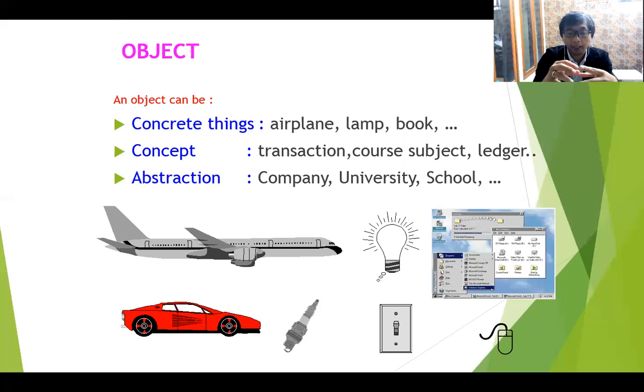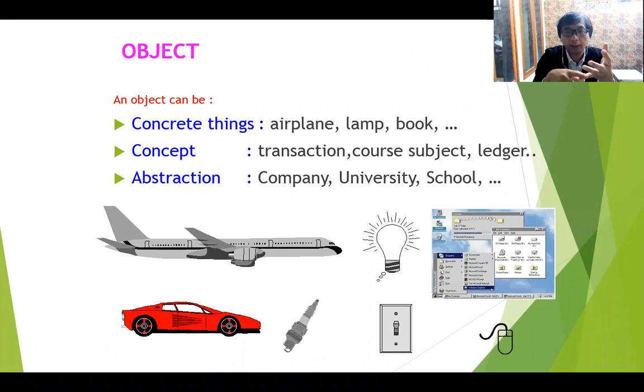And the other thing, an object can also come from an abstraction. An abstraction is something that exists, but it's not clear as a solid object. You can still see the object, but the object of an abstract object is still unclear.